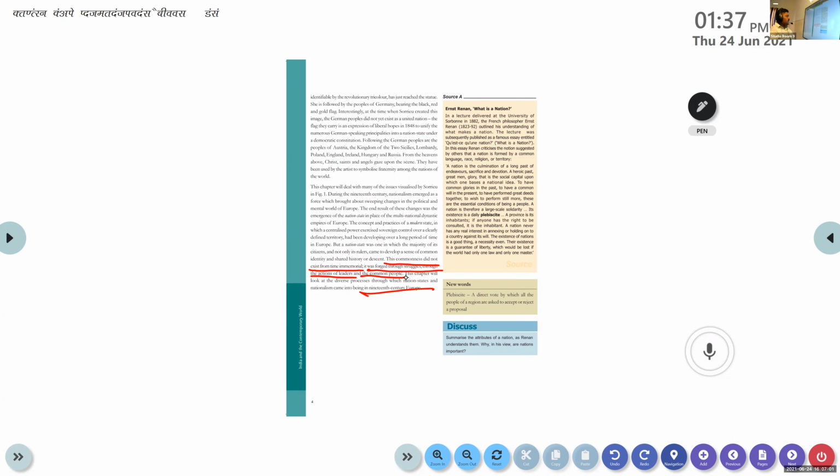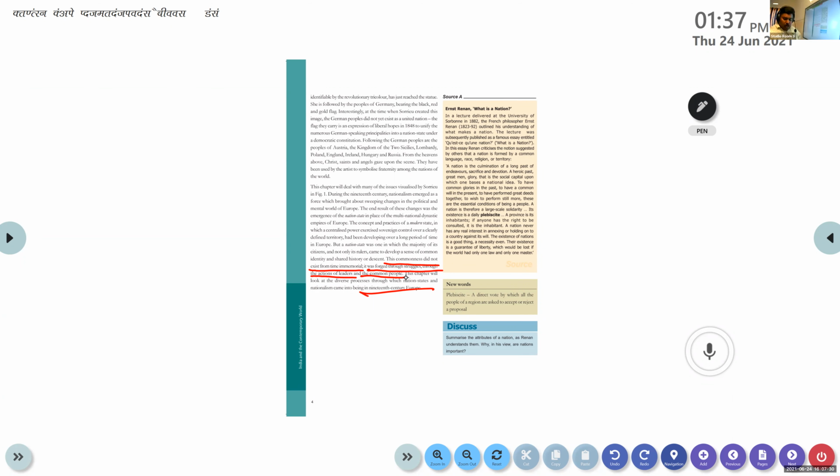Okay, so underline that. Yes, sir. So write a question. What is a nation state? And how is the feeling of oneness or commonness forged in Europe? Forged, F-O-R-G-E-D, in Europe.